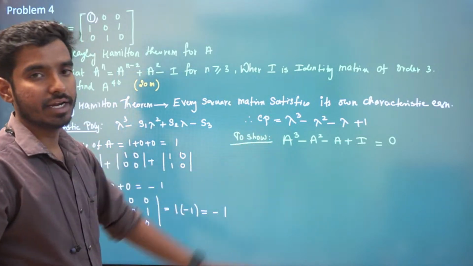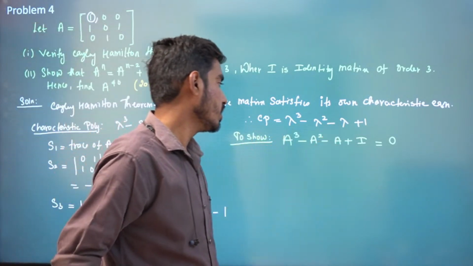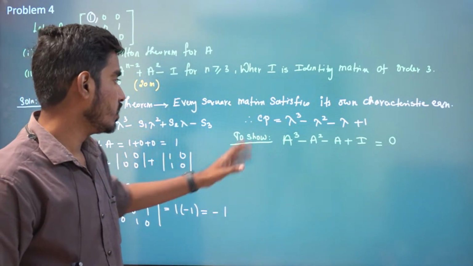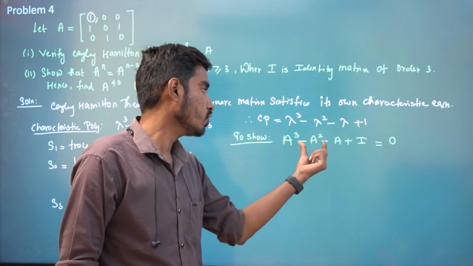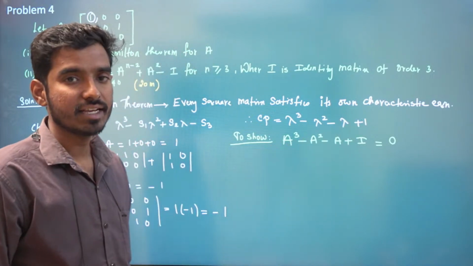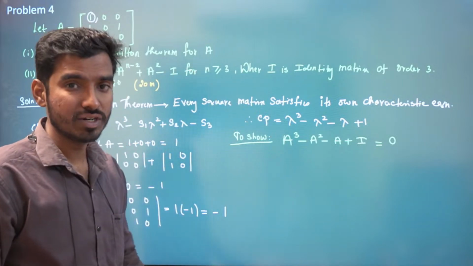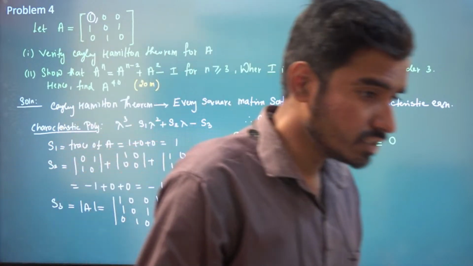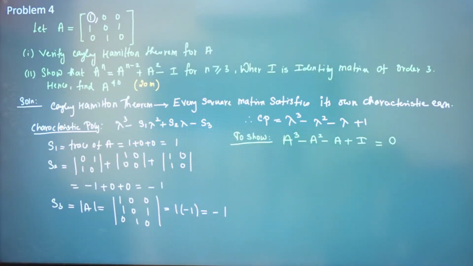So I'm just converting into terms of matrices. We need to find the value of A cube minus A square minus A plus I. If you show that it is equal to 0, then I can say that this matrix satisfies its own characteristic equation. That's what the Cayley-Hamilton theorem says.